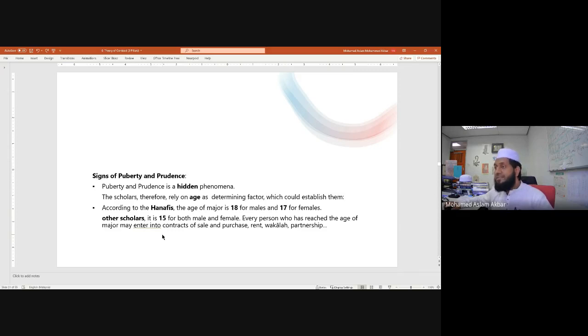Every person who has reached the age of major may enter into contracts of sale and purchase, rent, wakala, partnership. Again, this age goes by region. It might change in some parts of the world. It could be 18, in some parts it could be 17 or 16. It is up to the region, the government also decides at what age you become a major.